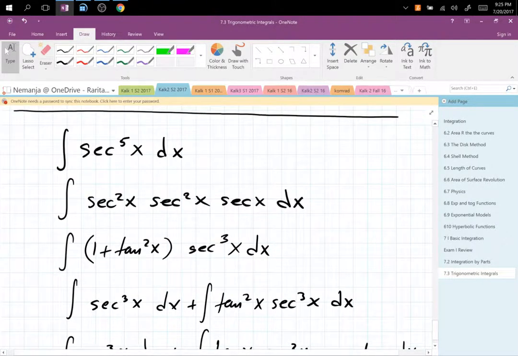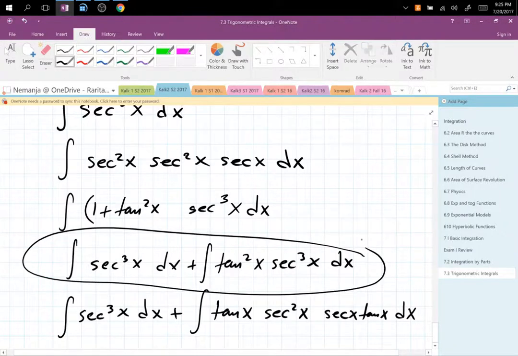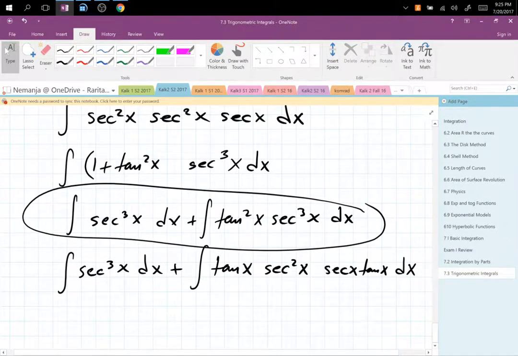What happened? Over here? No, beneath that. Yeah, so that line is the second integral. Instead of putting off a secant tangent, put in secant squared.